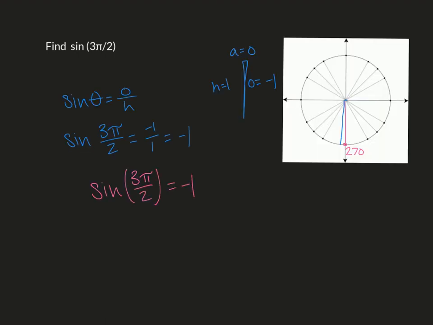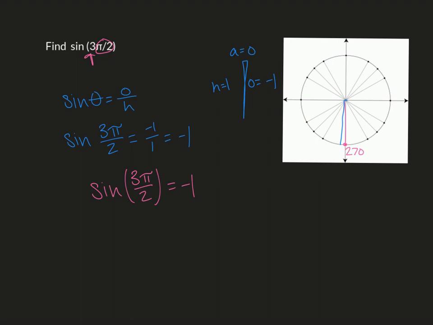I was checking to see how many of you guys paid attention to the end of the video last week. So 3 pi over 2, again, we're taking pi and we're cutting it into halves, and then we are needing 3 of those. So if I go all the way around the circle, let's do that with the highlighter. So I go half of a pi, another half of a pi.